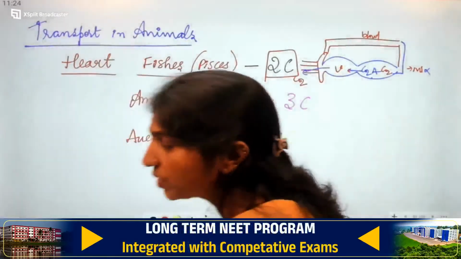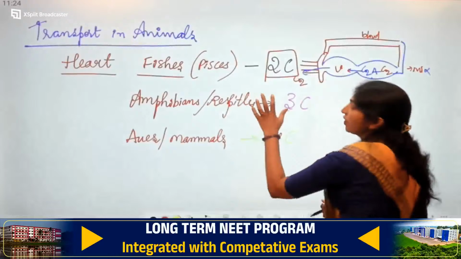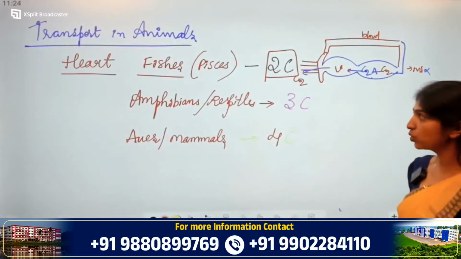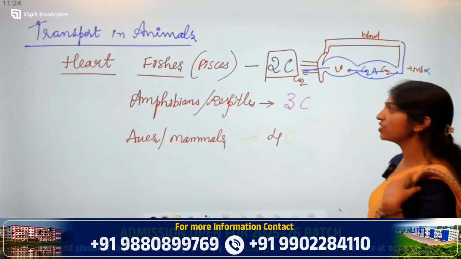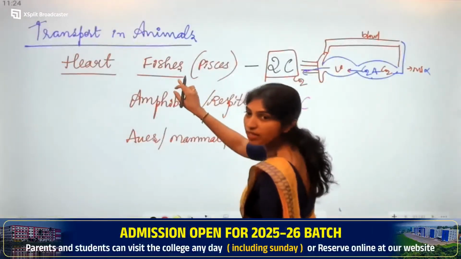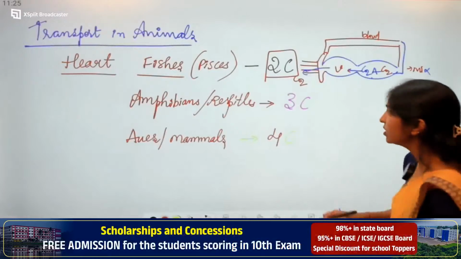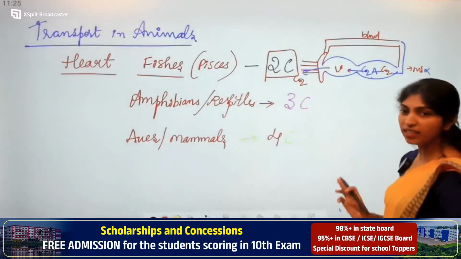Yes, you have asked me to repeat. Remember, when we say different types of animals, the chambers of the heart are also different. When we say fishes, they have a two chambered heart. Which are the two chambers? One atria and one ventricle.